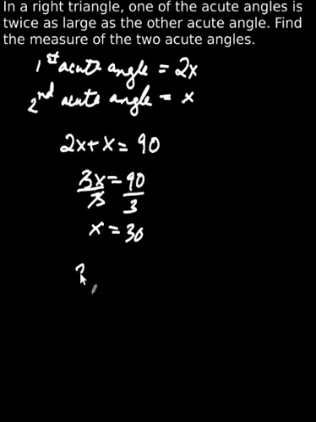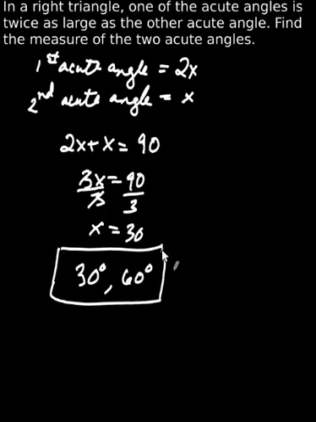So we have one angle that's 30 degrees, and the first angle is 2 times 30, which is 60 degrees. So these are the two acute angles we are looking for. And notice that the type of triangle we have is a 30, 60, 90 triangle, because the other angle is 90 degrees in a right triangle.